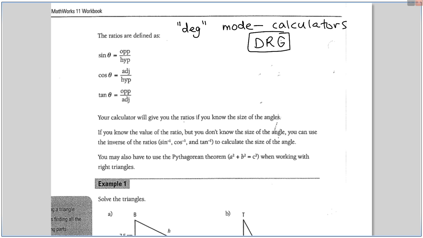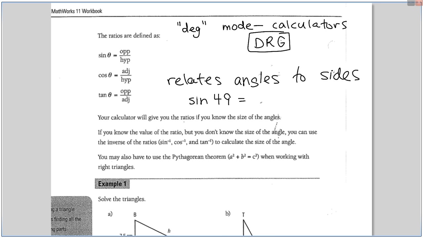What trigonometry does is it relates angles to sides. It might feel like a little bit of magic when you go into your calculator and type in sine 49 and it gives you .7547.